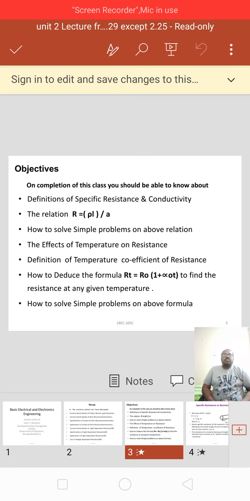On completion of this class, you should be able to know about definitions of specific resistance and conductivity, and deduce the relation R equal to rho L by A, and how to solve simple problems on the above relation, the effects of temperature on resistance, definition of temperature coefficient of resistance, how to deduce the formula RT equal to R naught into 1 plus alpha naught T to find the resistance at any given temperature, and last but not the least, how to solve simple problems on the above formula.